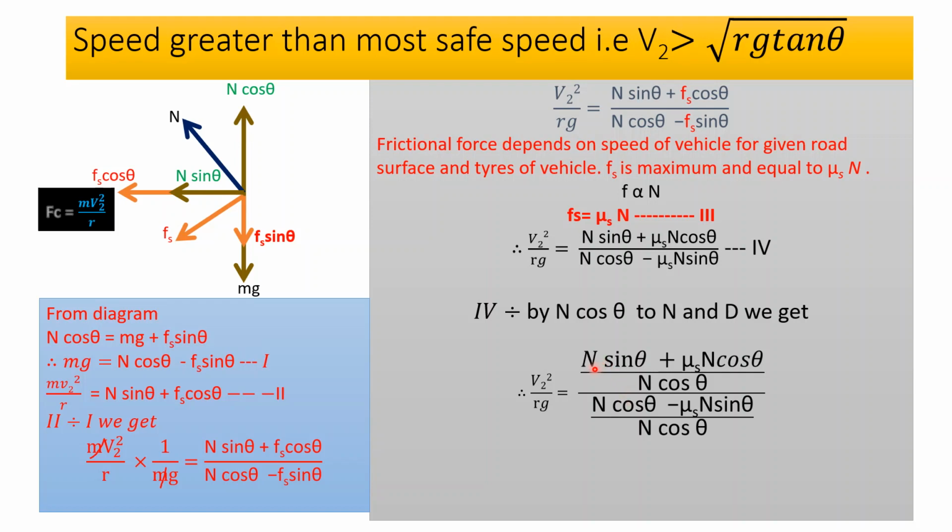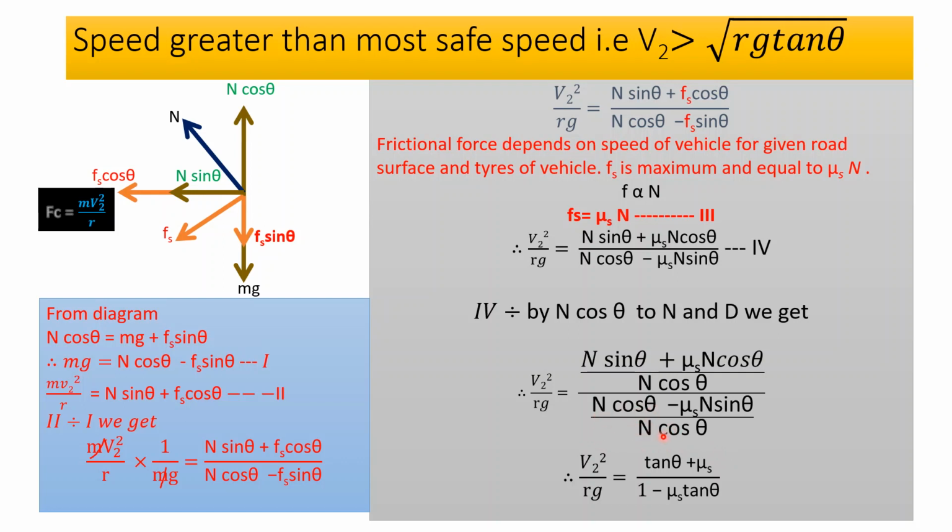Now N sin theta upon N cos theta: N gets cancelled out and you get sin upon cos, which gives tan theta. So in the numerator we write tan theta. Also in the second split, mu s N cos theta upon N cos theta: N cos theta and N cos theta get cancelled out and you get mu s in the numerator.